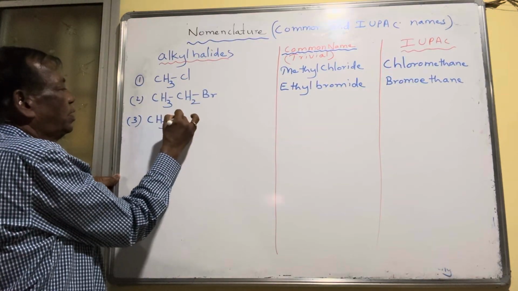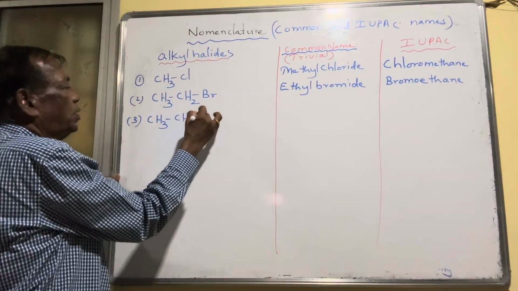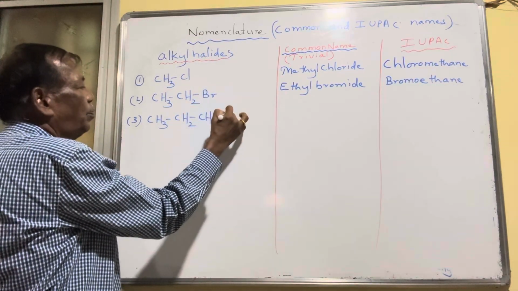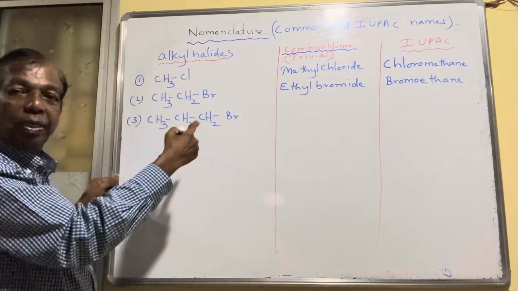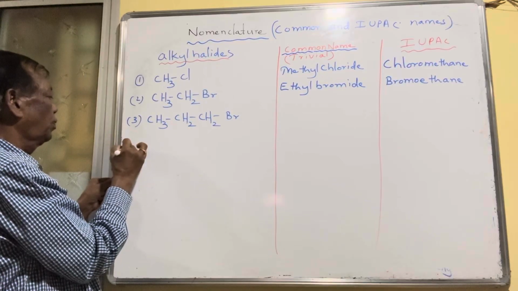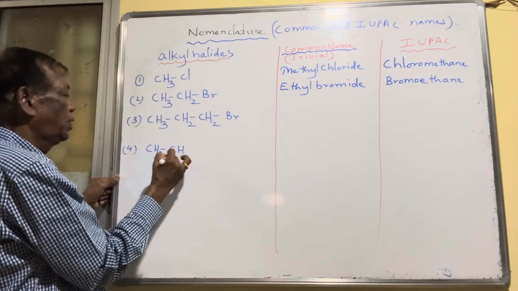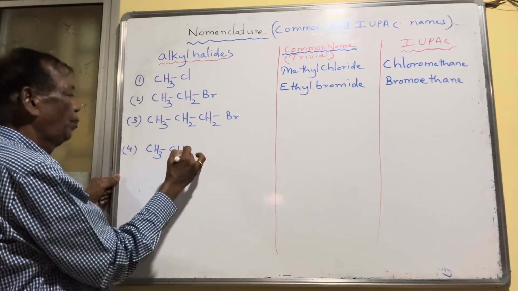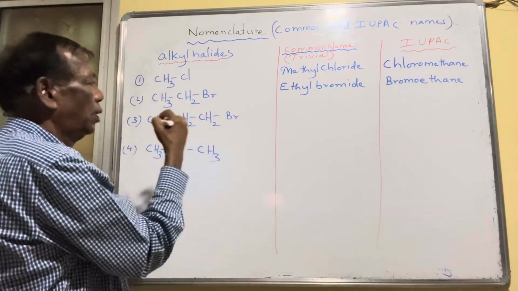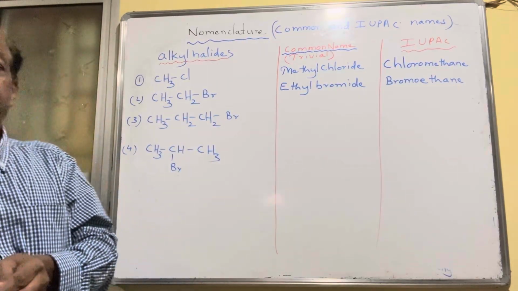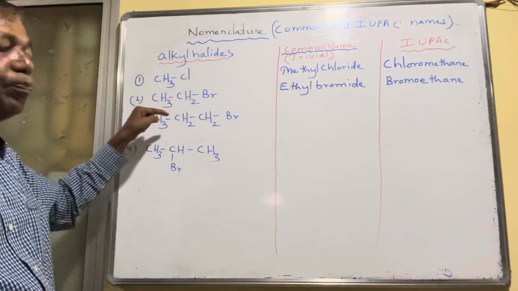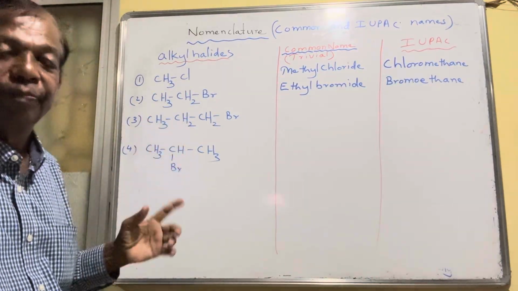Okay. Then third one, CH3 CH2 CH2 Br. Now here I'll write two names so that you can understand what I am going to explain properly. So CH3 CH Br CH3. Now here in this case, both the compounds contain 3 carbon.